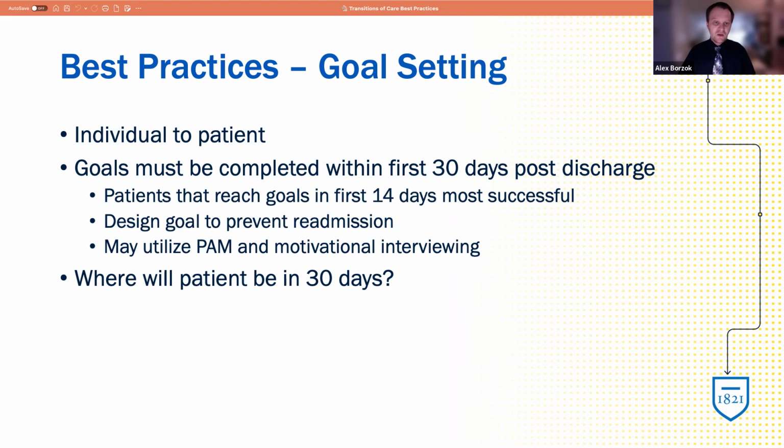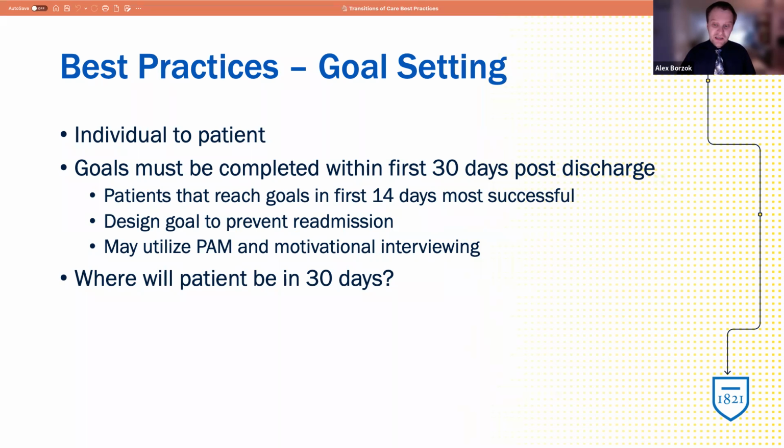The literature shows that goals completed by patients within the first 14 days post-discharge are the most successful at making it to day 30 without a readmission. Remember, the whole point of this is to not have your patient readmitted or go to the emergency department within those first 30 days after discharge.